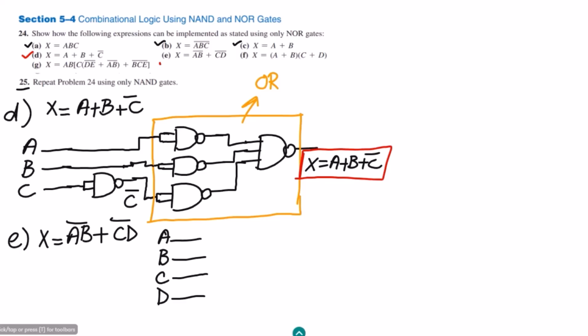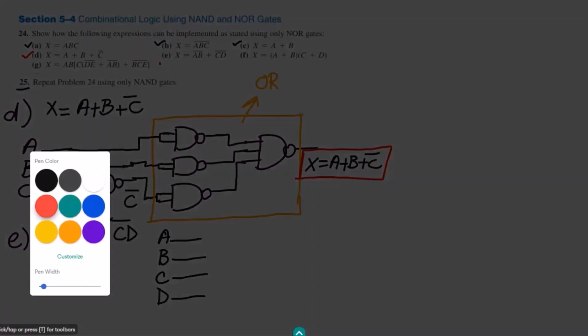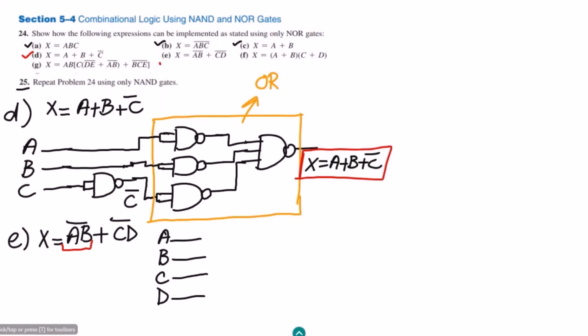First of all, we have to implement (AB) whole complement, then (CD) whole complement, and that is the NAND gate implementation. So the two NAND gates, first and second, are added together by this OR gate.